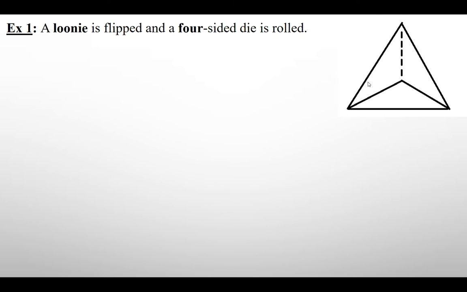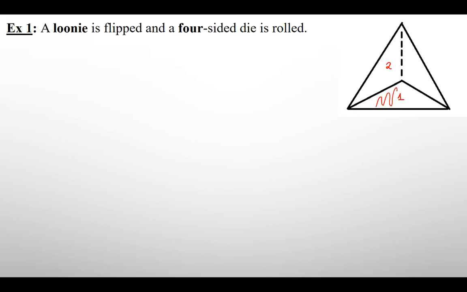If you're trying to visualize what a four-sided die looks like, it kind of has a pyramid shape to it, except the bottom of the pyramid has a triangular base, as opposed to a standard pyramid which might have a square or a rectangular base. If you look at the picture right here, you can actually count the number of sides. This bottom face would be side number 1. This left face on the side here would be number 2.